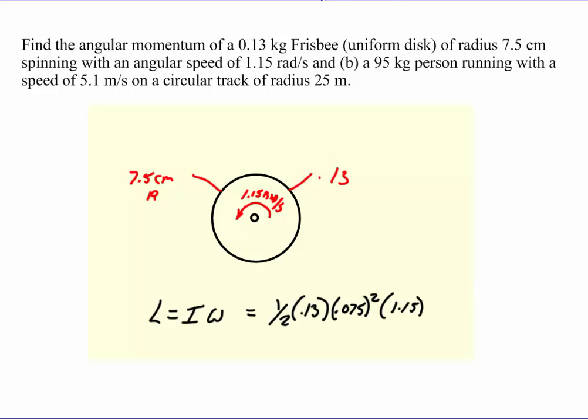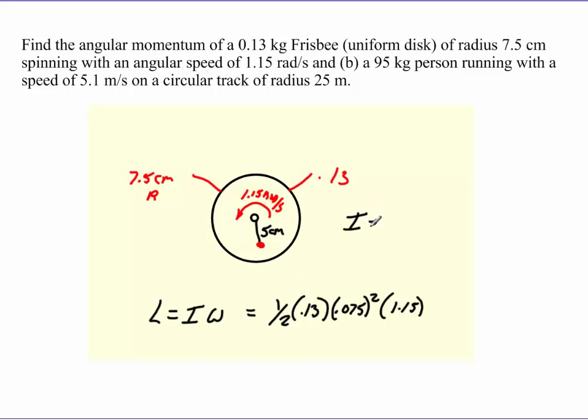Let me ask you a question. What would happen if I asked you what the angular momentum would be about a point here, and you're rotating around a point right there, and I told you this distance was 5 centimeters? Parallel axis there. If I gave you that point there, would you not have to do I?